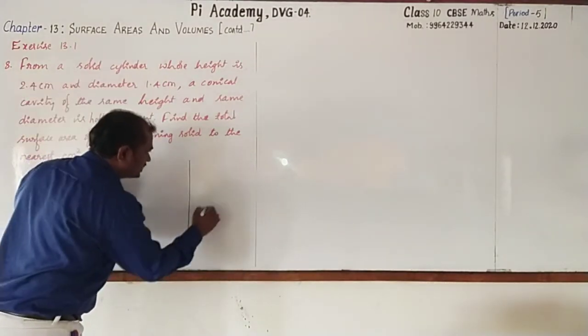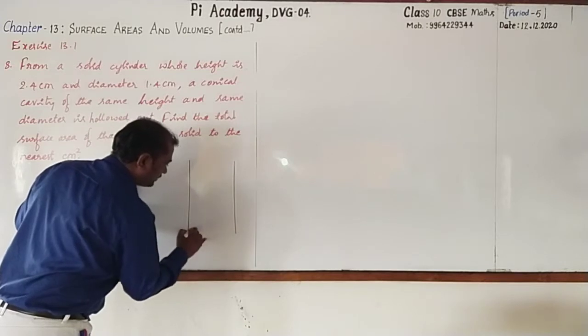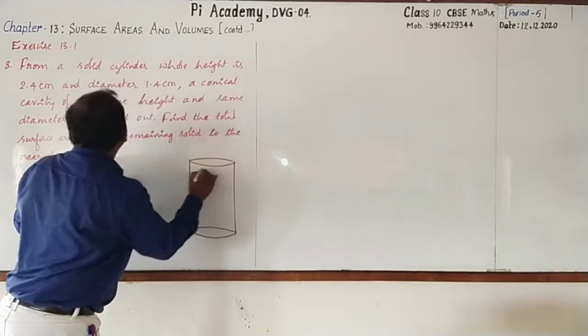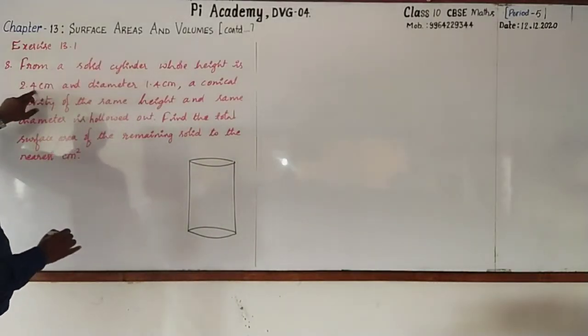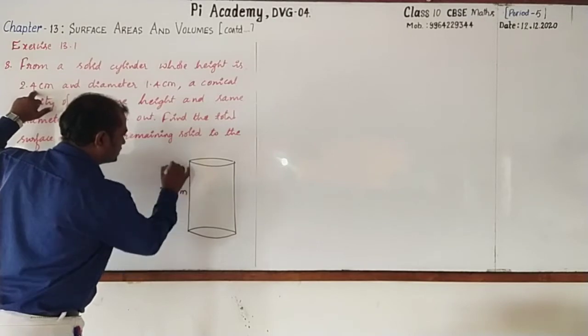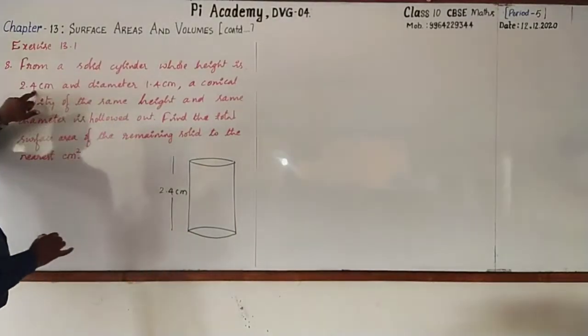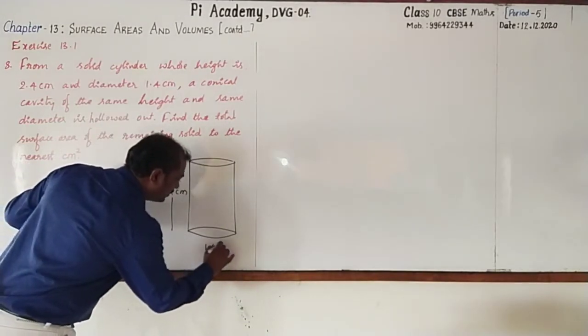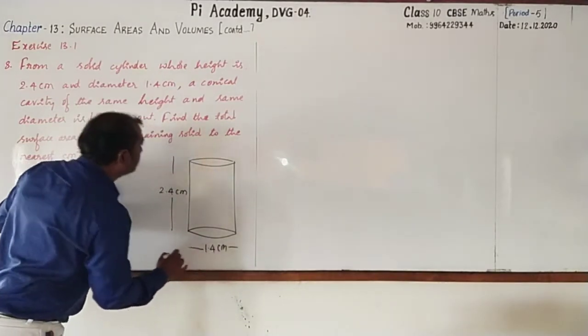Observe here. This is the solid cylinder, and it has height 2.4 centimeter. Here I'll write 2.4 centimeter is the height. Next, diameter 1.4 centimeter. Here I'll write 1.4 centimeter.